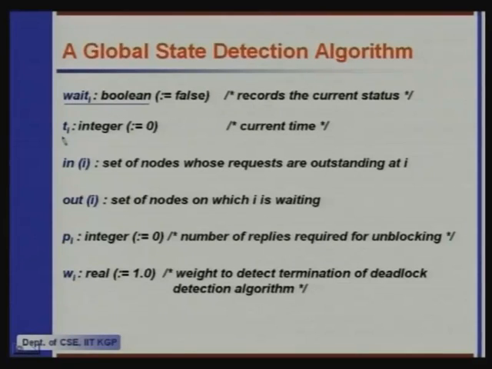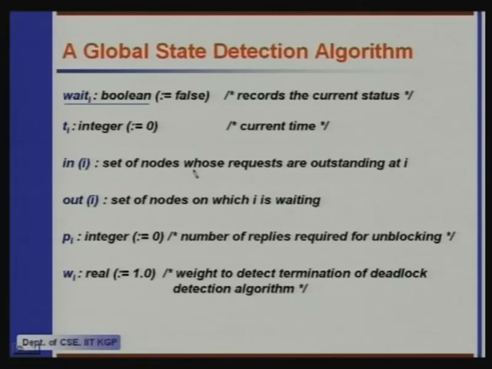Ti is the current time at process i. In i is the set of nodes whose requests are outstanding at i. This is the set of inward dependencies. The process i is holding some resources, and in i is the set of processes which are waiting for those resources.